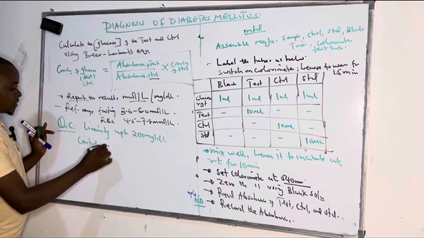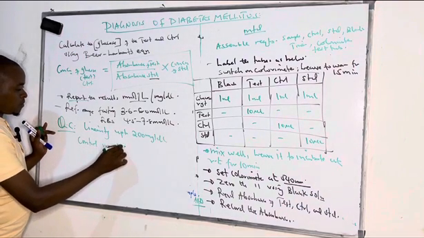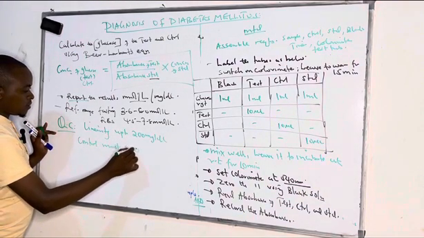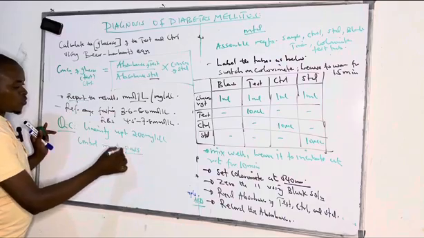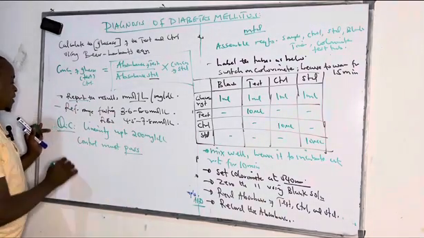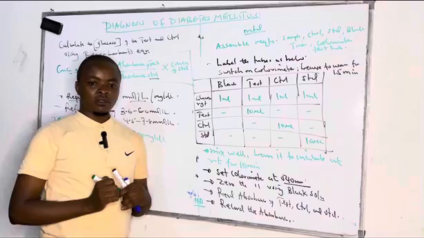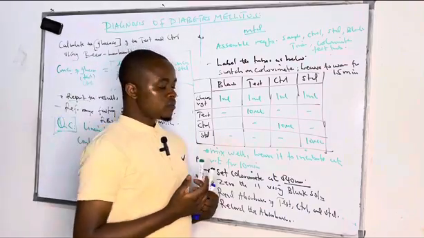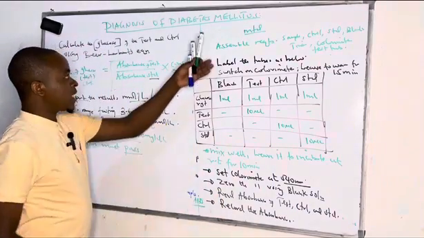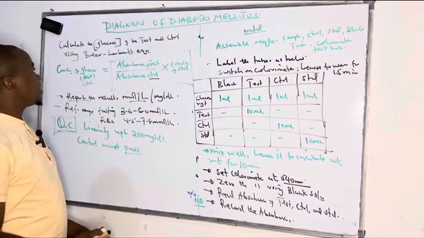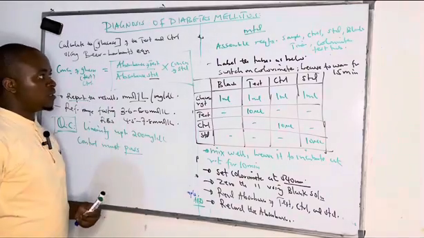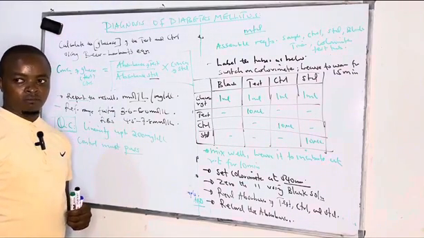The control must pass for you to consider these results. So this is the QC you can do on this test. So that is basically about how we can measure glucose levels using glucose oxidase method.